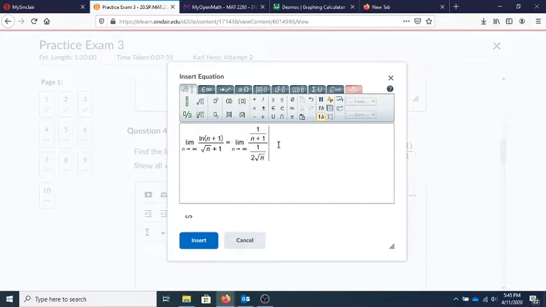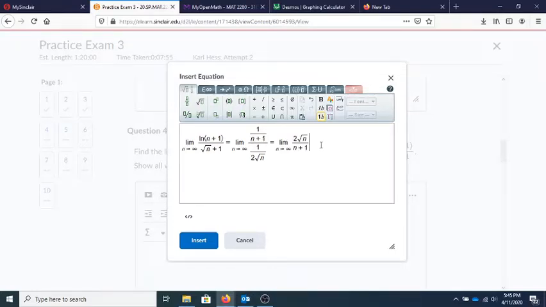Alright, so again I'm going to cut and paste this little limit business. Equals the limit as n goes to infinity of, alright, so a fraction divided by a fraction. I got to flip the bottom fraction, which means this 2 square root of n is going to go up in the numerator. This n plus 1 is going to go to the denominator.